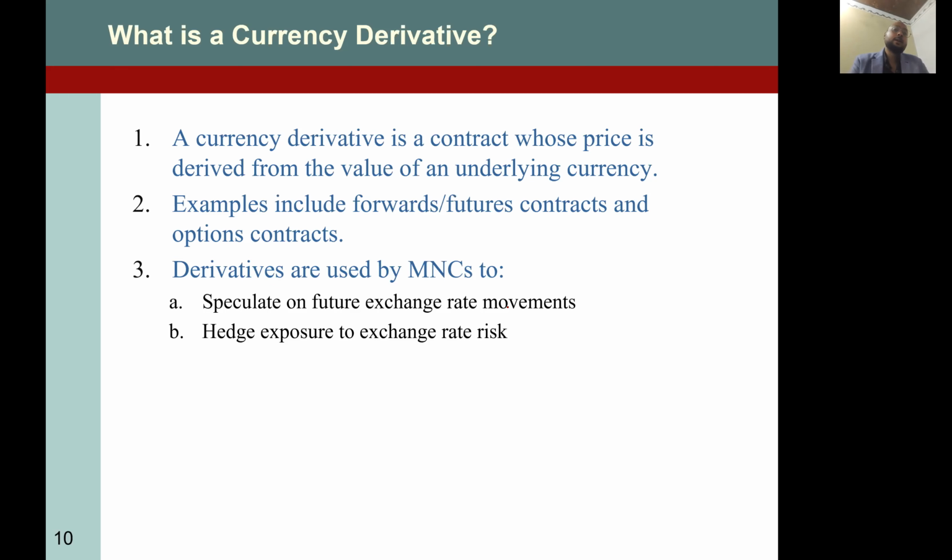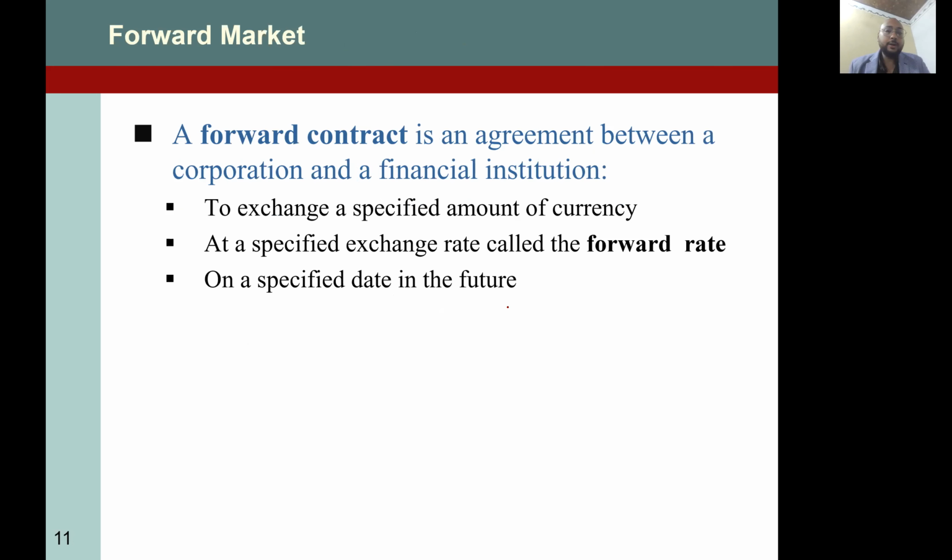Okay, so let's move on. And here we go, our first learning objective: how we can use a forward contract to speculate and to hedge exchange rate risk. So first of all, let's go deep into the understanding of a forward contract.